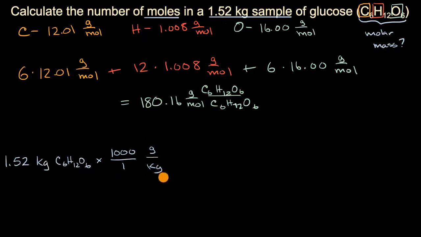And if you have your mass in terms of grams, you can then divide by your molar mass, or you could view it as multiplying it by the moles per gram.